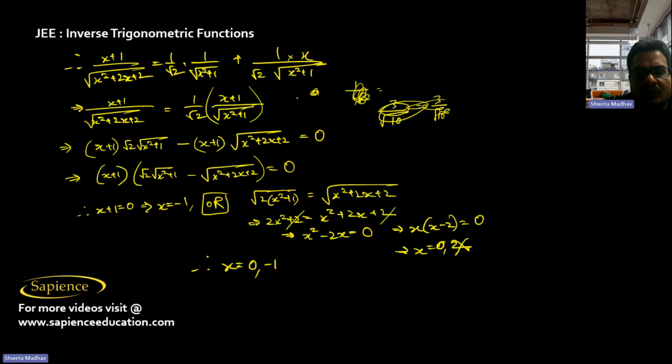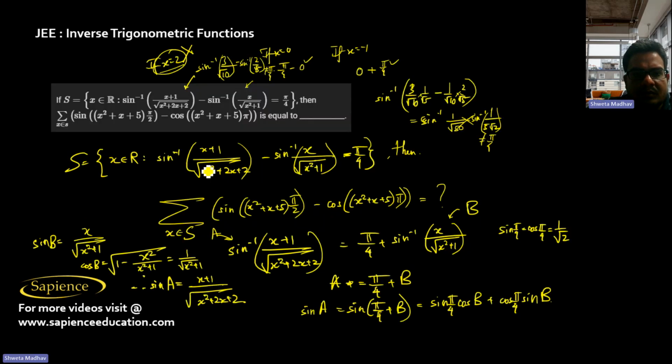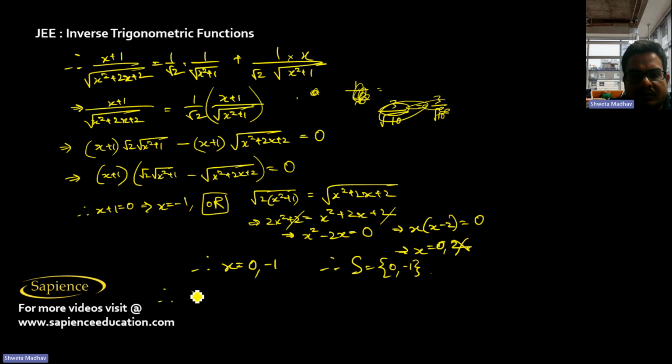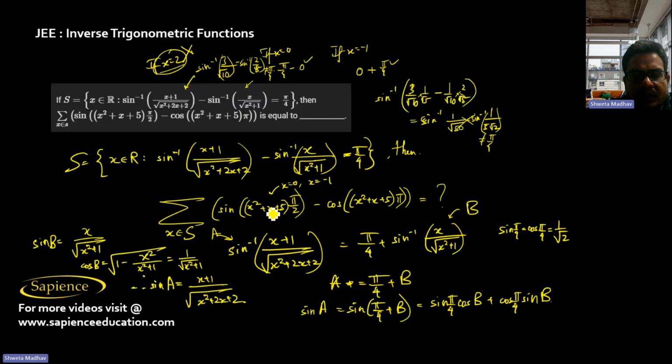So therefore the set S is nothing but 0 and minus 1. Then we have to take the summation of these two. So here first I will put x as 0 and then I will put x as minus 1, and then we have to add both of those two answers. So therefore the sum will be equal to sine of, if I put x equal to 0, then I will get 5 pi by 2.